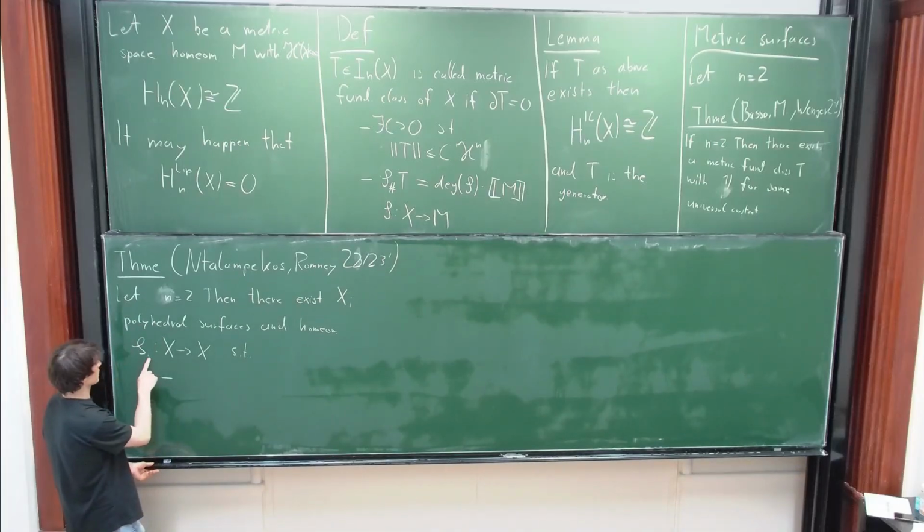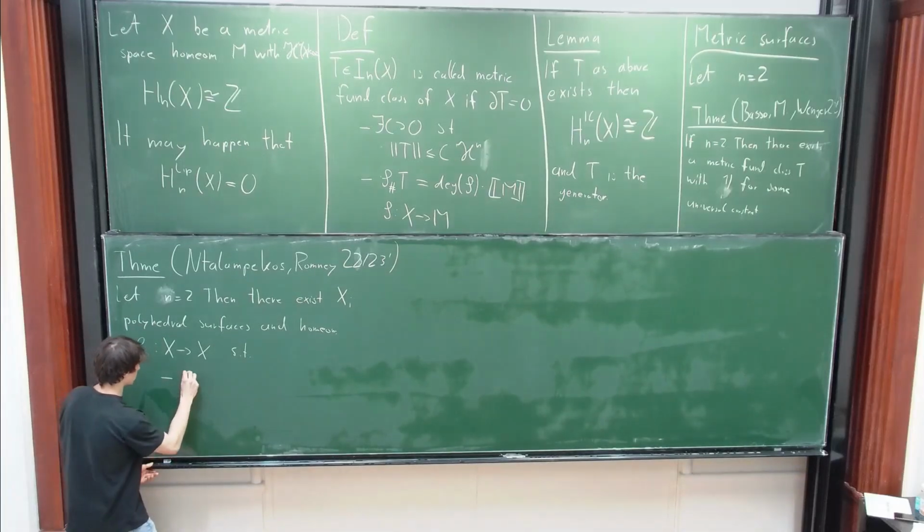First of all, each of these homeomorphisms is a rough isometry.